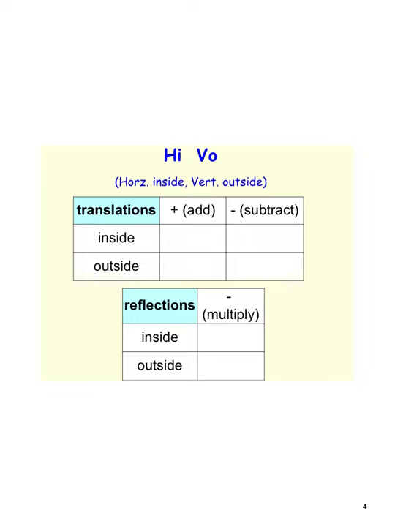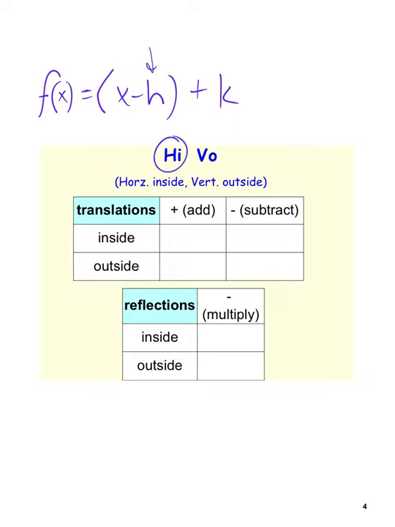So in the end, when it comes to translations, keep in mind that translations are the part of a function where you have some addition or subtraction. For instance, horizontals are on the inside, verticals are on the outside, so you'll keep seeing this "hi-vo."